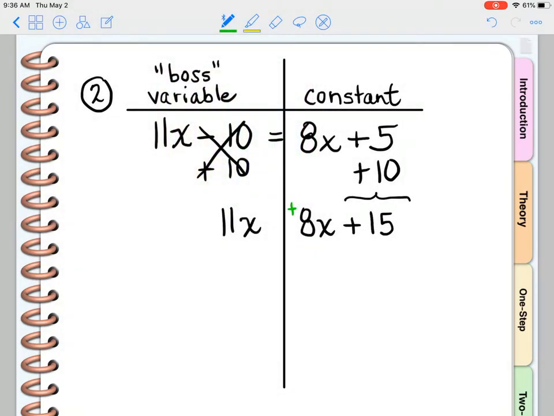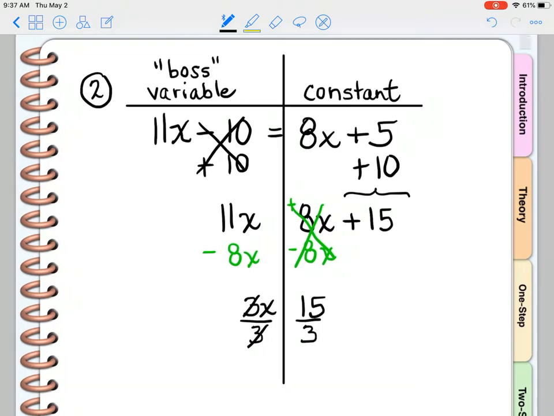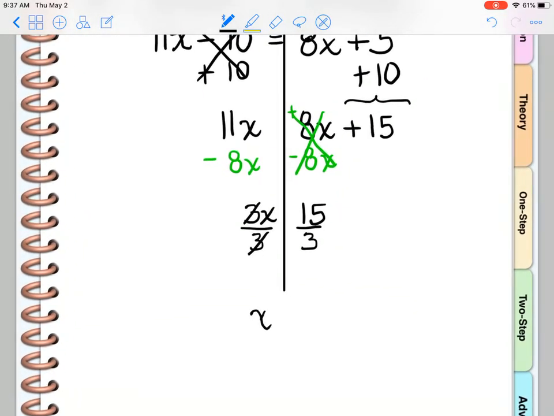Remember, this is a positive 8x, so we're going to minus 8x on both sides and cancel. So I'm left with 3x on this side and 15 on this side. So I'm going to divide the coefficient from both sides, and I am left with x equals 5. Problem solved.